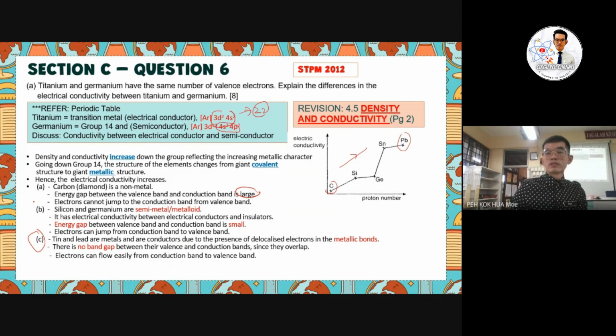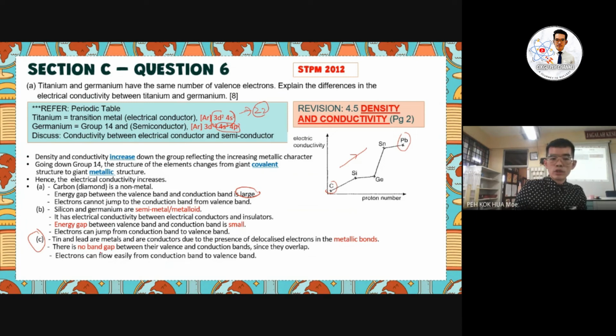So we discussed already: titanium and germanium have the same valence electrons. You give the electronic configuration for your first mark. And then you mention that titanium is a metal, so it is a conductor.